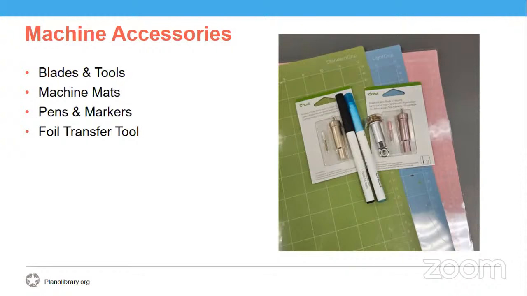So the green mat is your standard grip of adhesive. So it's meant to be used with your general everyday projects for vinyl, regular cardstock, and the like. If you touch it, it's going to be pretty sticky. Now, the blue mat, which you can see pictured here, I've got 3 of the mats out of the 4 pictured. The blue mat is your light grip.